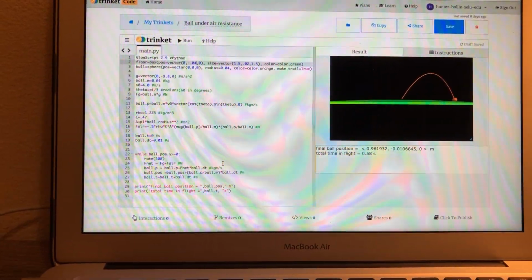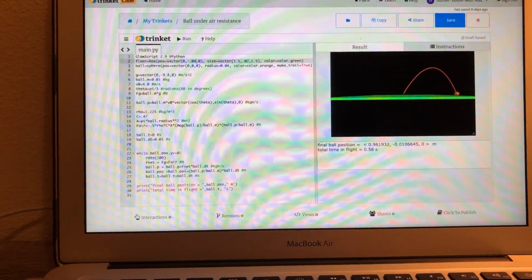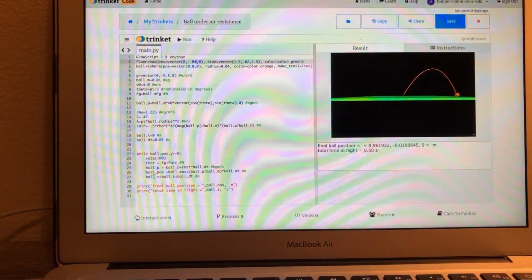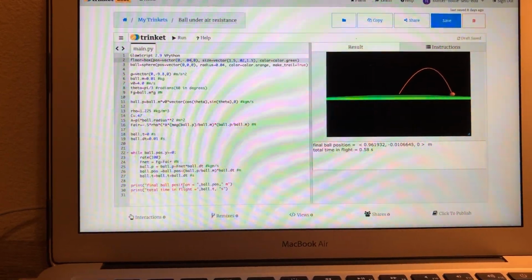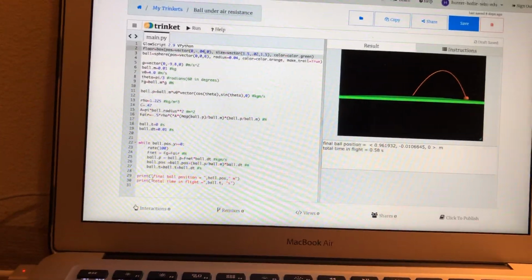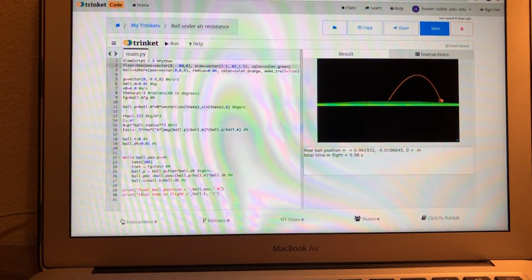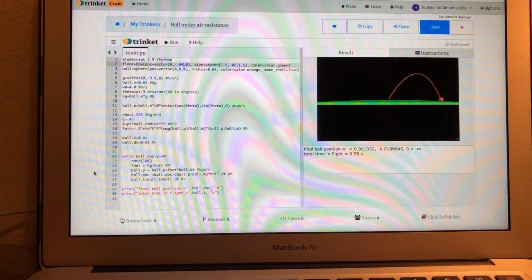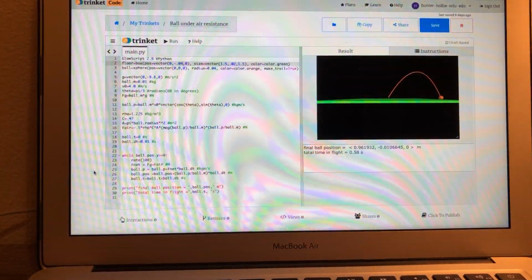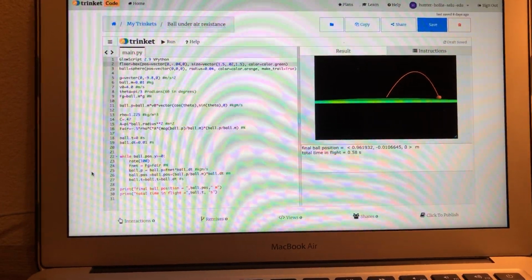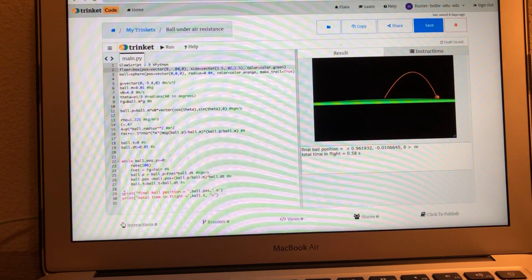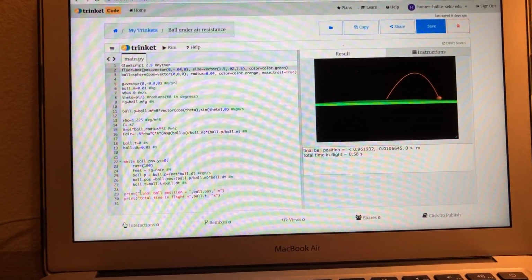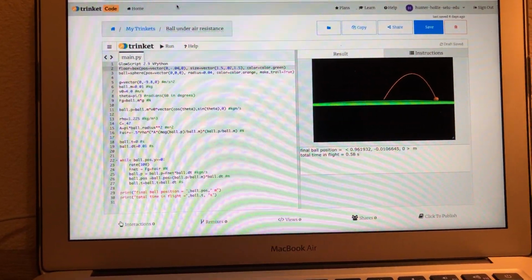Now I wanted the time to be defined as the initial time plus the time step. And I printed out the final ball position, which is 0.96 meters in the X direction, the X plane, and the total time in flight is 0.58 seconds.